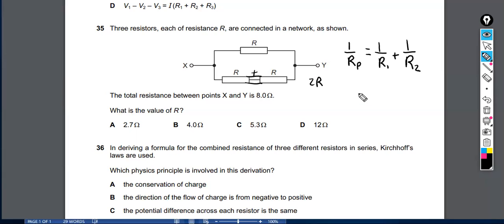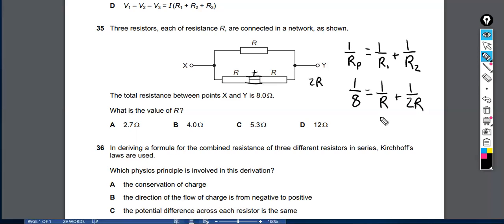They tell us that the circuit resistance is 8 ohms. So we're given that. R1 is R, R2 is 2R. So we collapse down one of the branches into the combined resistance and then apply the correct equation.